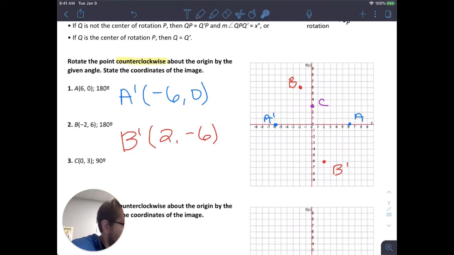So if I rotate it 1/4 this way around the circle, that would be right here. There's C prime. And so that's rotating each of those points with the given degree. And so C prime is at -3, 0.